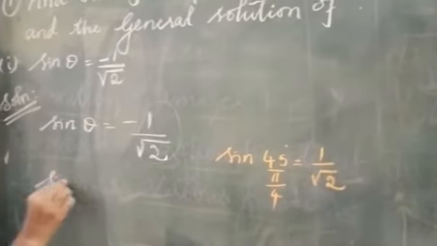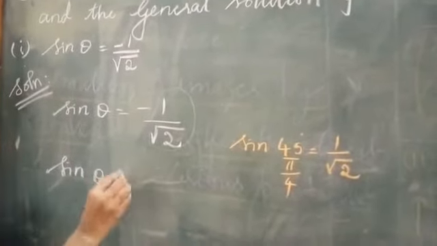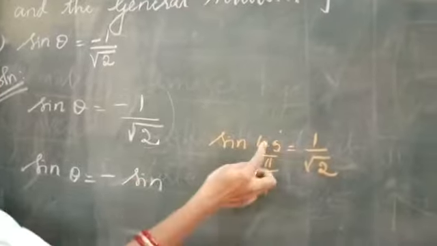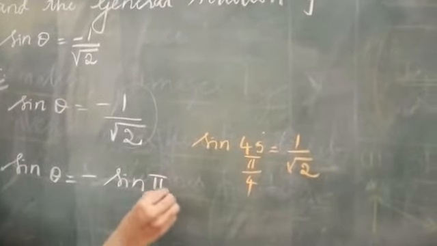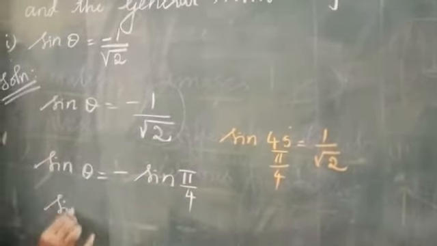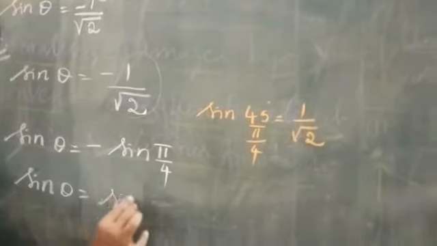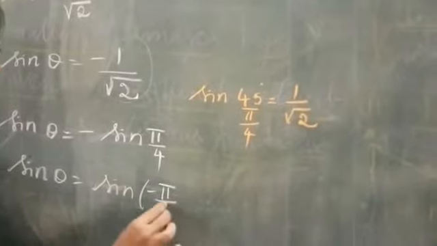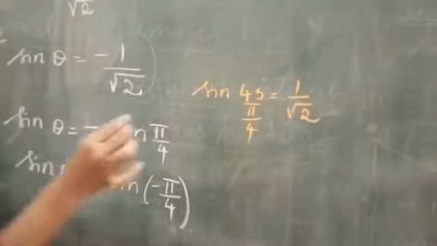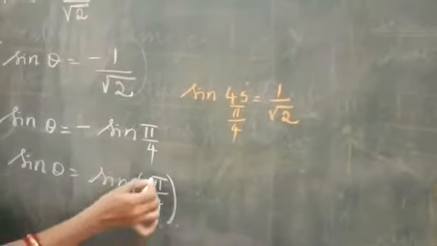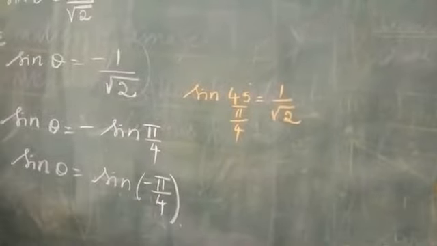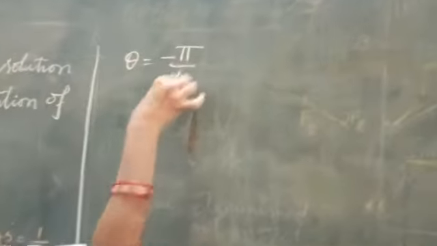So let us write sin theta is equal to minus sin 45 degree, that is sin pi by 4. Sin theta is equal to, bring this minus inside the bracket, sin of minus pi by 4. And in the place of theta, we have minus pi by 4. Theta is equal to minus pi by 4.